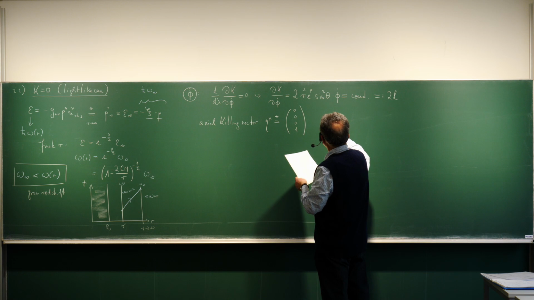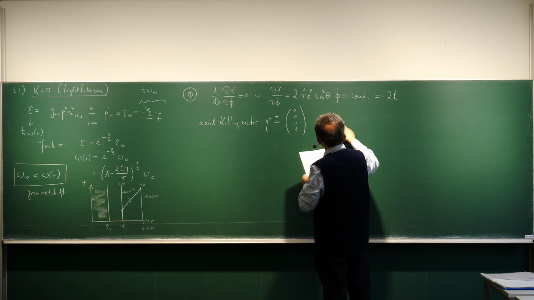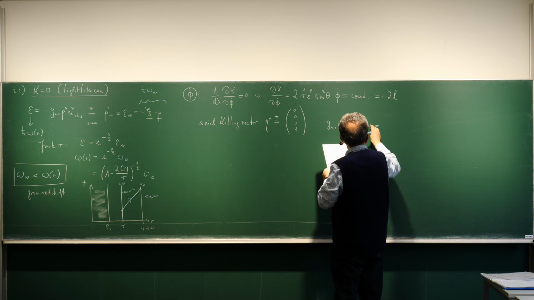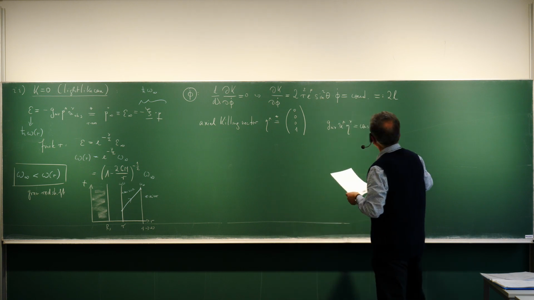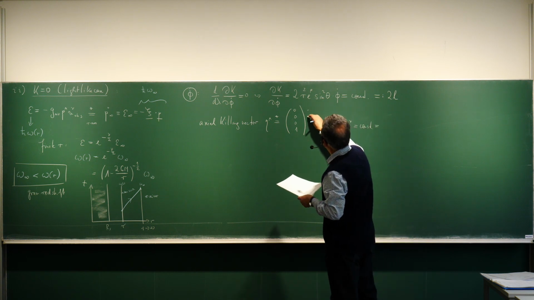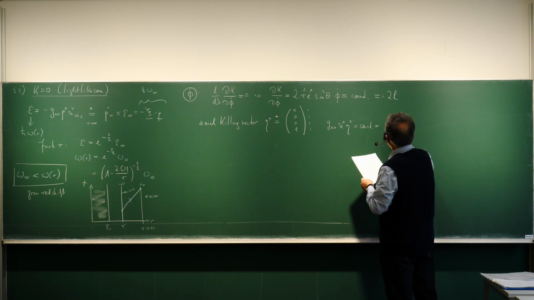So, we have the conserved quantity: g mu nu times the tangent vector u^mu times the Killing vector is a constant. Given that this is the 0 component, 1, 2, that's 3 components, so this is g33 u3.